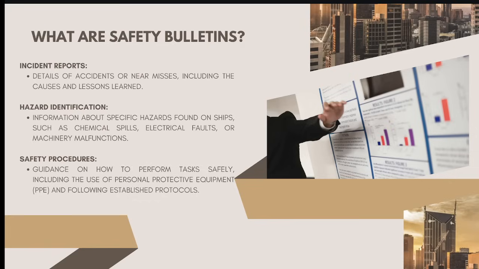There are also some hazard identifications. This is information specifically about the hazards found on ships, such as chemical spills, electrical faults, or machinery malfunctions.